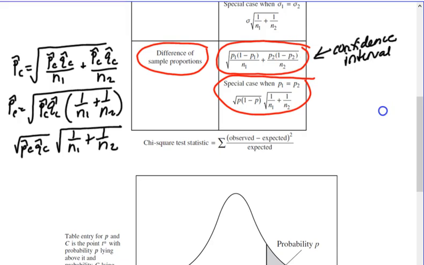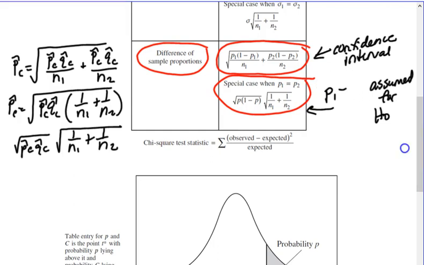But when we hypothesize that p 1 equals p 2, if that's our assumption for the null hypothesis, then we use this version. We say they're the same, okay? We can't assume that the two samples are the same.